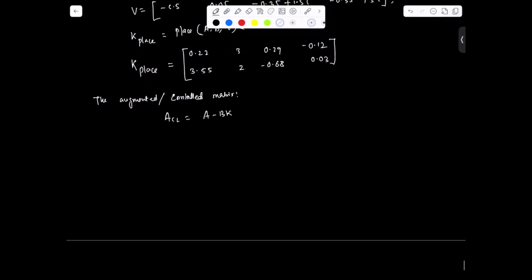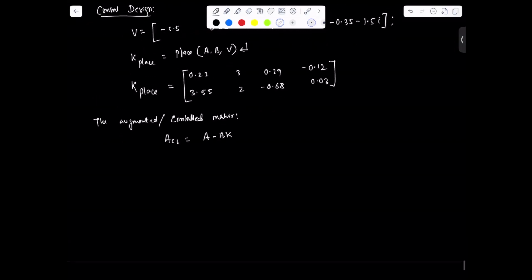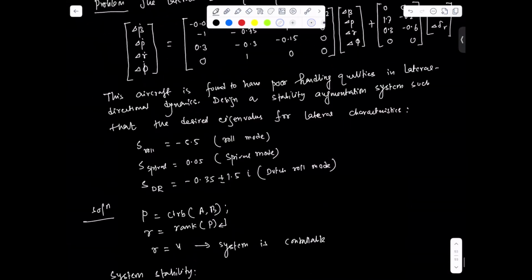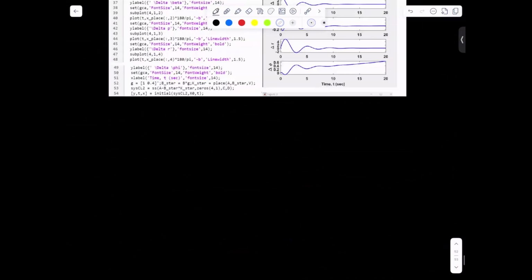Here we can use the command. Actually I'm not going to discuss this because it is simply MATLAB code. The MATLAB code of the closed loop system is given here. So here is the response.